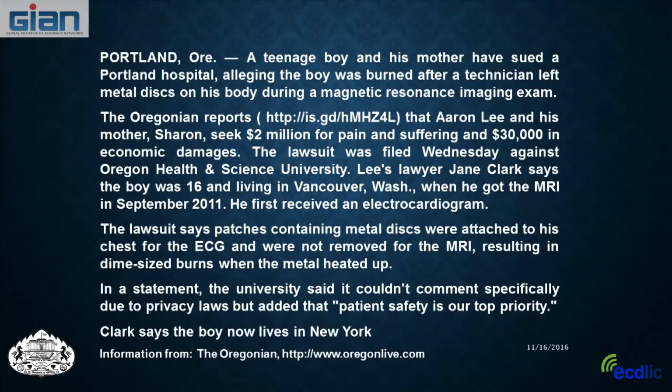Okay, this is a case where a teenage boy went in to have an MRI, and somebody left EKG electrodes on his chest. These were metal discs attached to his chest. They weren't removed prior to the MRI. It resulted in heating of these and dime-sized burns on his chest from having the MRI with these leads still on his body.